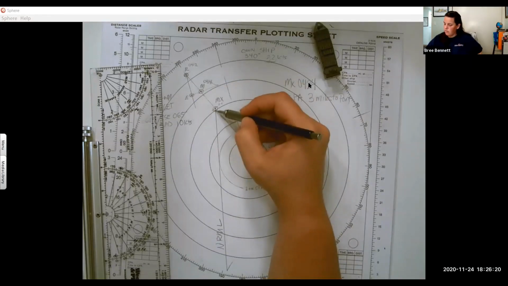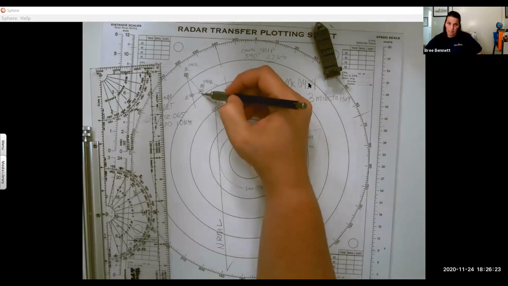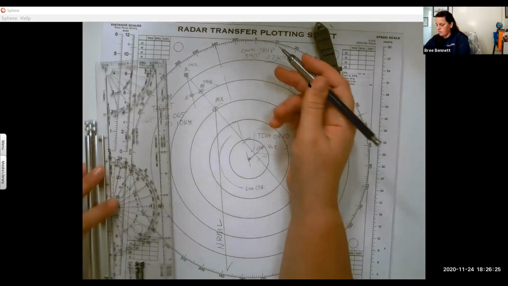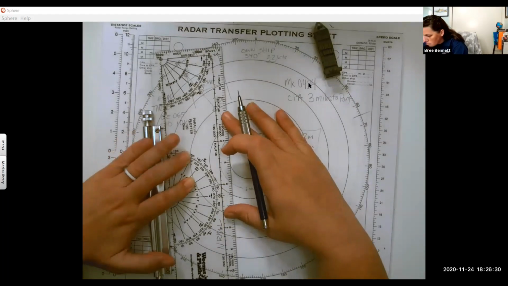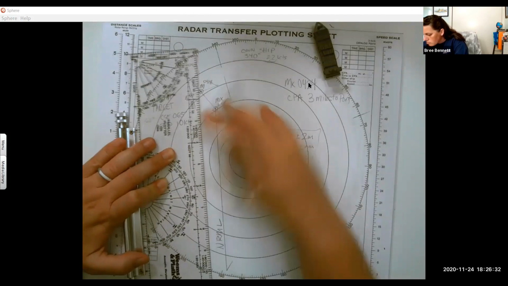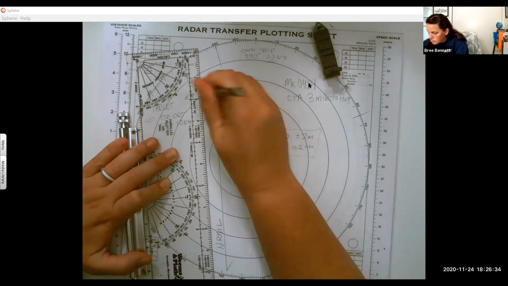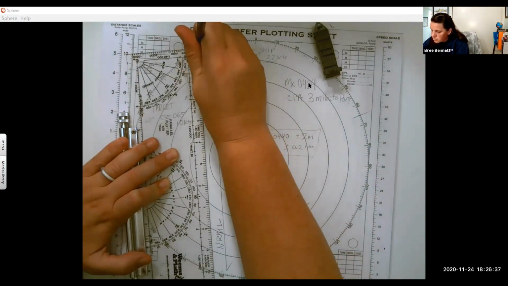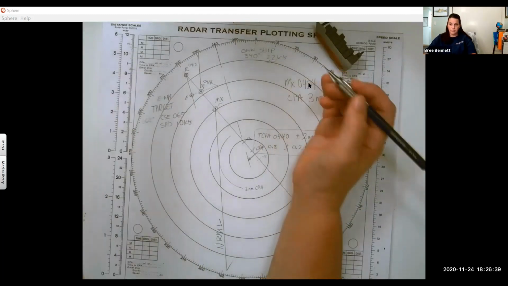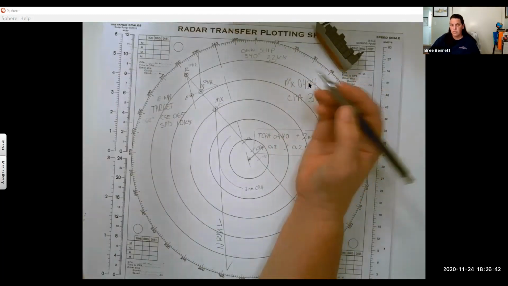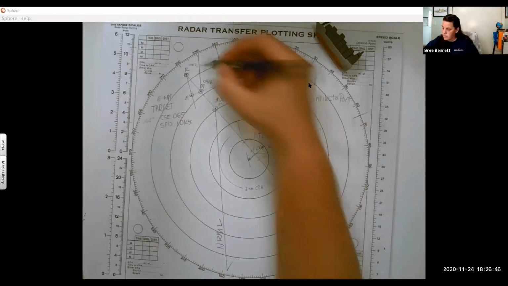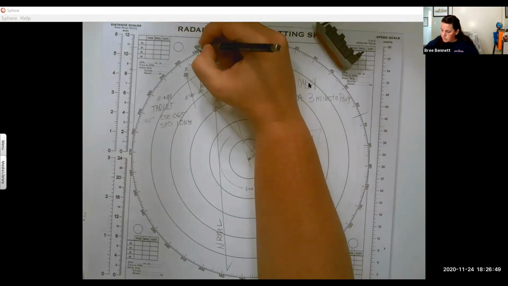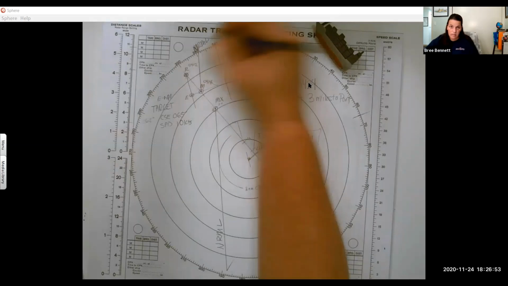So I'm moving from MX back to M. So I paralleled this one up to there. So this is my new relative motion line.